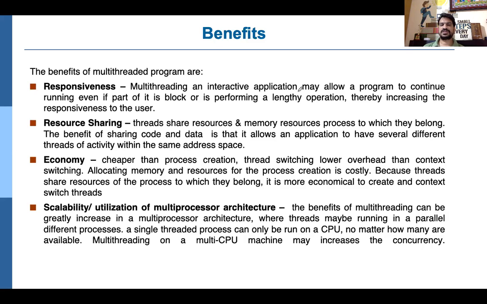So responsiveness is the first benefit that we get when we use multi-threaded programming architecture. A multi-threaded interactive application may allow a program to continue running even if part of it is blocked or performing a lengthy operation, thereby increasing the responsiveness to the user.